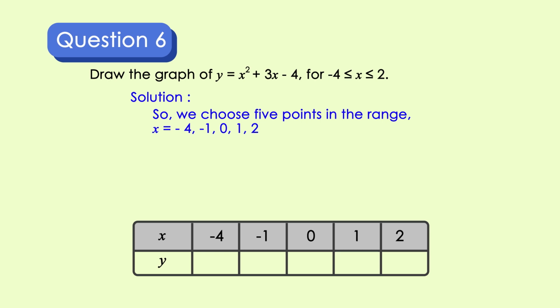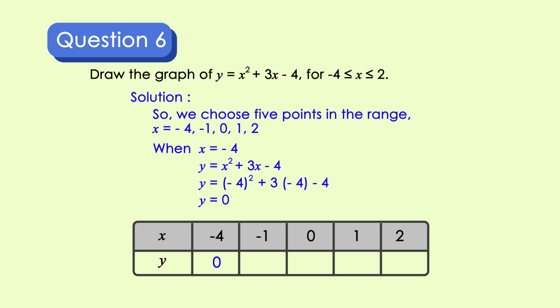Then, we substitute x equals negative 4 into the equation, and we will get y equals 0. We continue further by substituting x equals negative 1 into the equation, and we will get y equals negative 6. When x equals 0, then y equals negative 4.